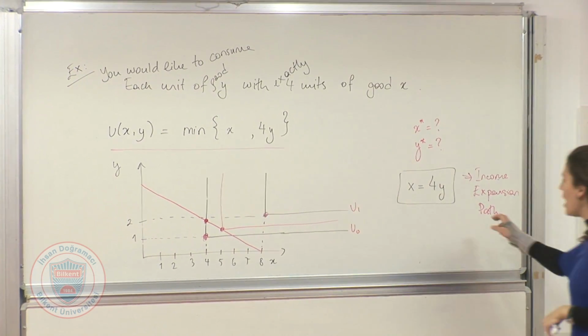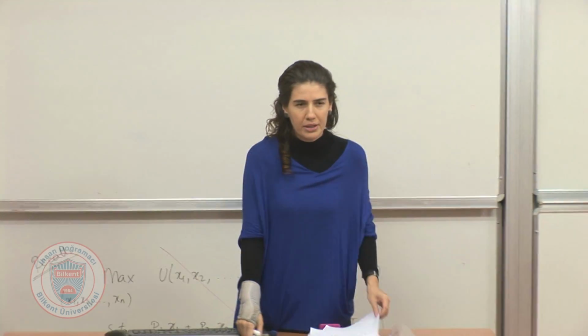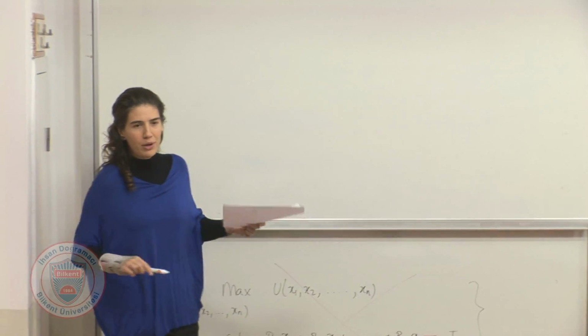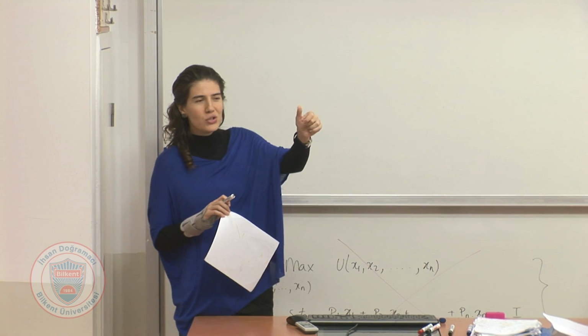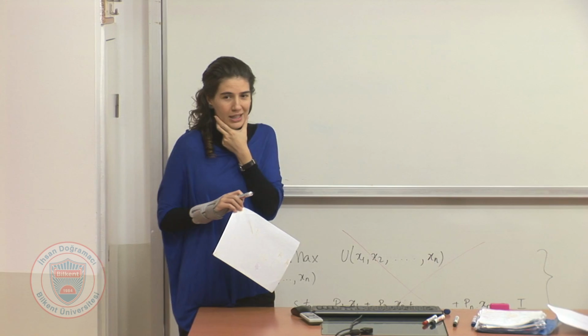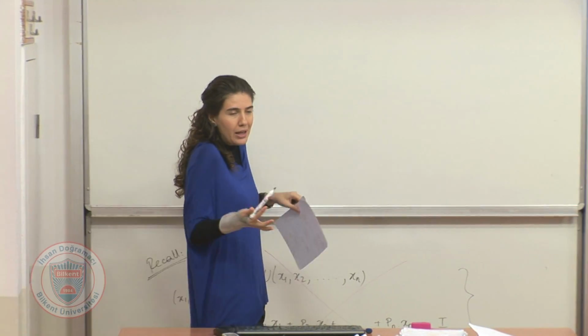Okay. So now this is the income expansion path. What were we doing afterwards? Do you remember? When we found the income expansion path, what were we doing? You found the relationship between the optimal x and y, then you put it back into the budget constraint to solve for optimal x and y.